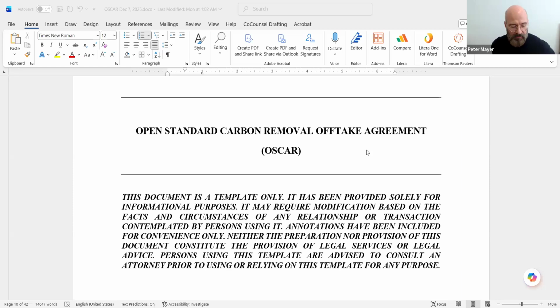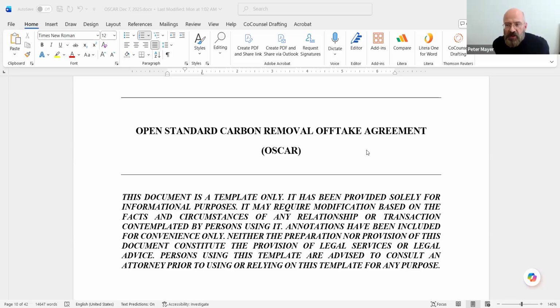The initial version we had was longer, more detailed. There were more provisions in there. And one of the pieces of feedback that we got from many stakeholders is that it would be too long, particularly since we intend this document to be primarily used for first-time buyers, or folks that are new to the CDR space.